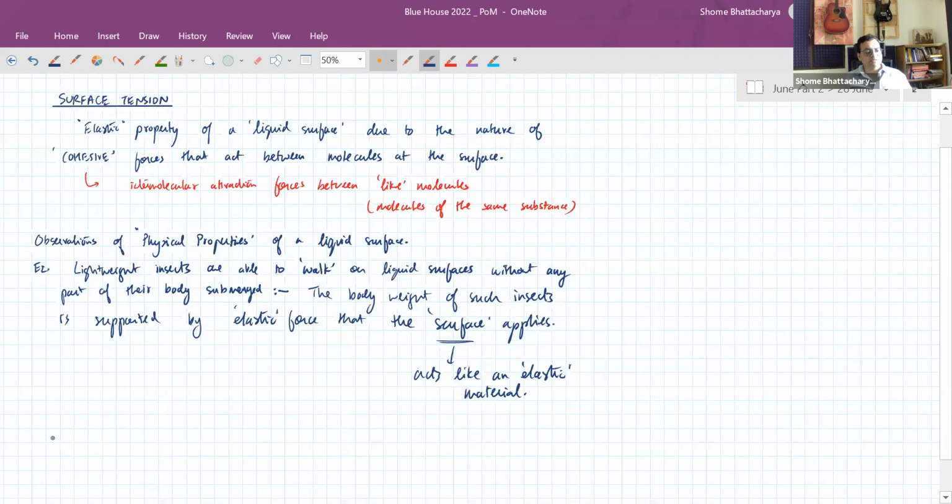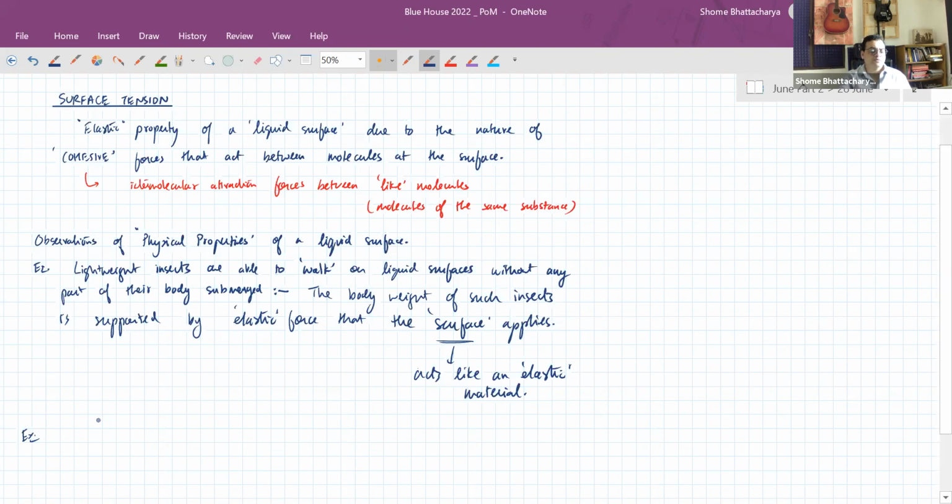Another evidence of the elasticity of the surface is the propagation of transverse mechanical waves that we observe on liquid surfaces, like ocean waves, or gentle waves on the surface of a pond. These mechanical waves are able to exist only because the surface has elasticity. So oscillations created on a liquid surface cause propagation of energy in the tangential direction, that is along the surface, while the surface molecules themselves are only oscillating normal to the surface, or in the vertical direction.